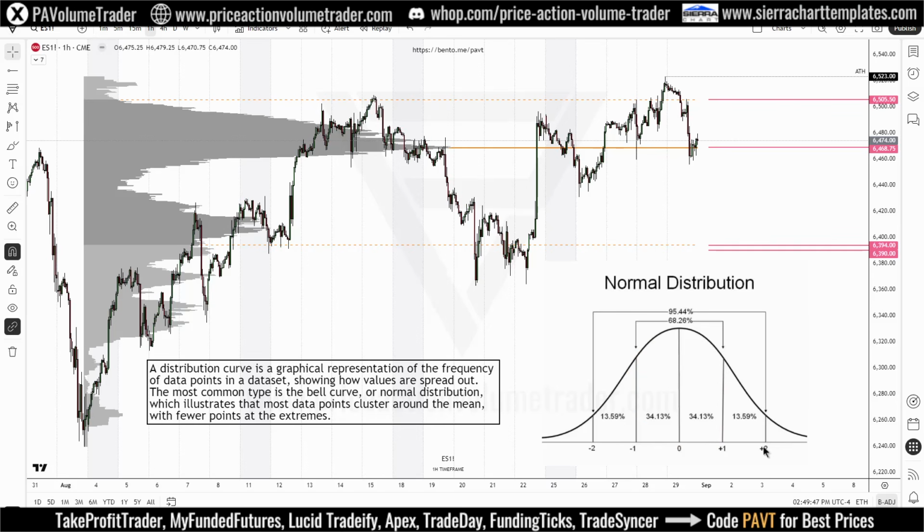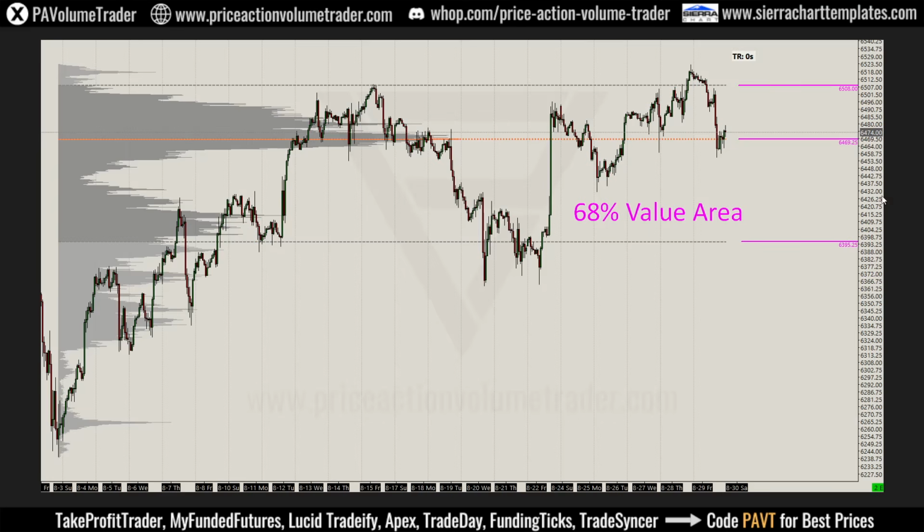And if I bring up the Sierra Chart screenshots, here I have the exact same profile on Sierra Chart. I anchored it from the very swing low here on August 2nd to the present right here. This is a 68% value area, and you can see value area high 65.8, point of control 69.25, and the low here 63.95.25.